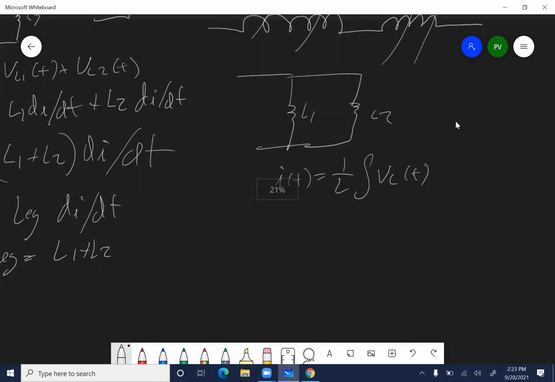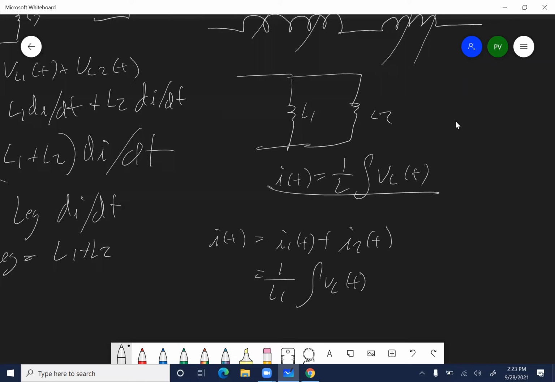So what I can do is say I of t is equal to I1 of t plus I2 of t, and I use this equation now. That's 1 over L1 integral VL of t plus 1 over L2 integral VL of t.